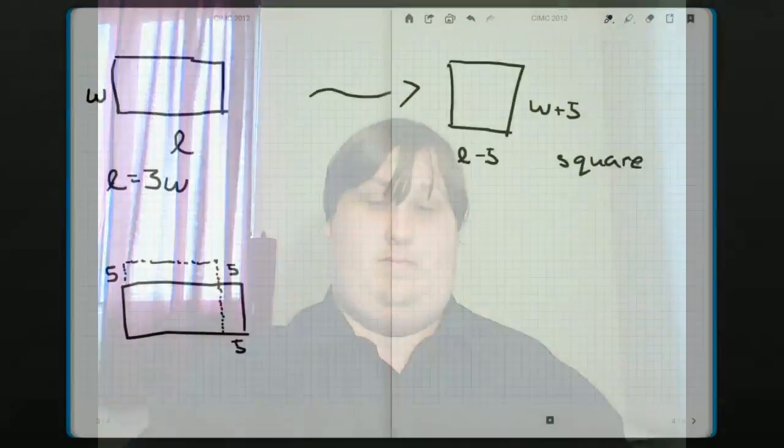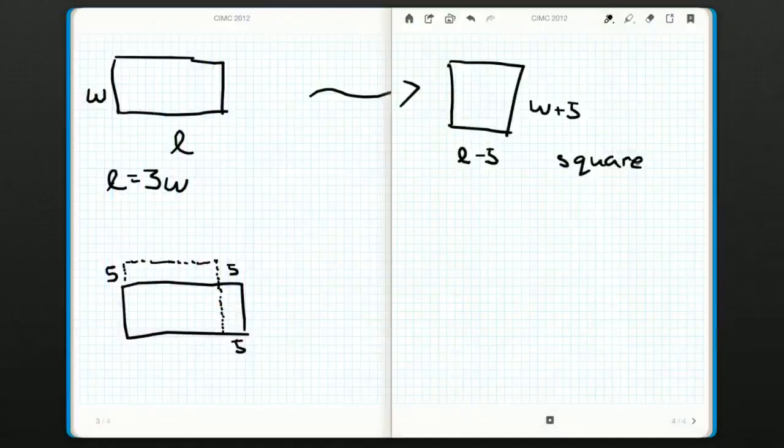That doesn't give us a relationship. Or does it? Squares are very special in that all the side lengths are the same. So knowing that this is a square gives us our final equation: L minus 5 is equal to W plus 5.